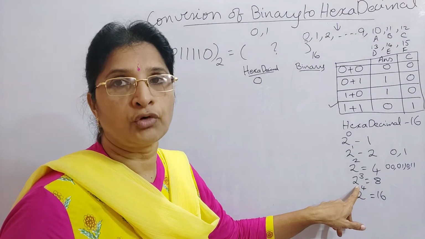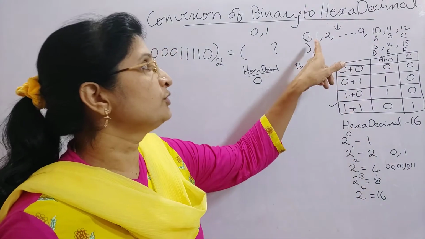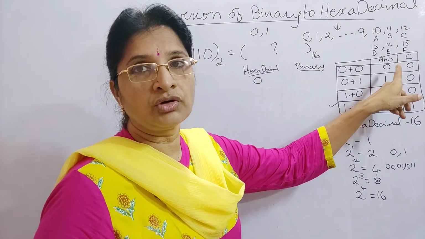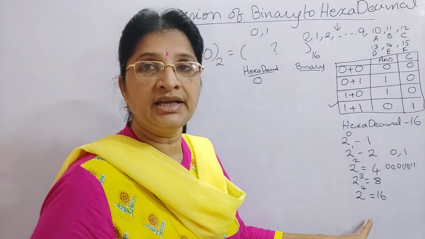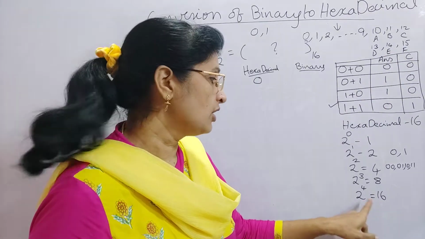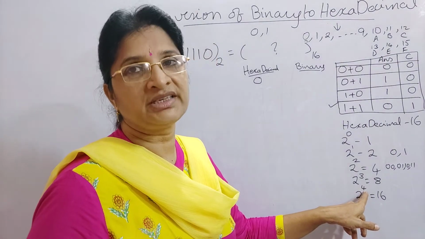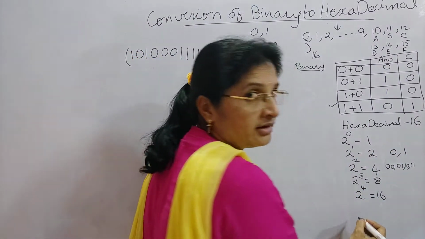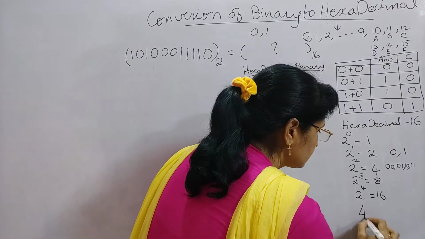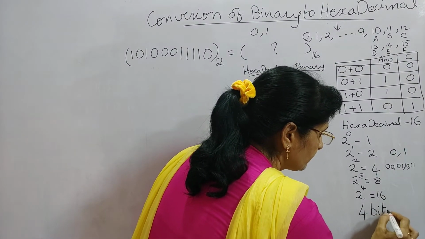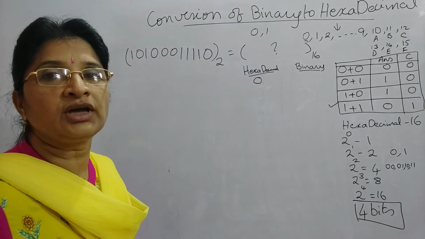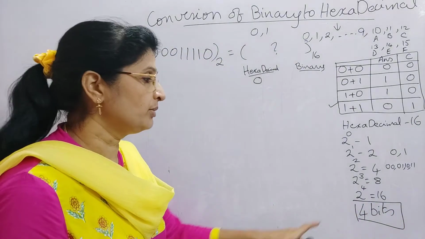It is 4. So if you want to write 16 individual codes with binary bits 0 and 1, 4 bits are required. So 4 bits are required for hexadecimal numbers.